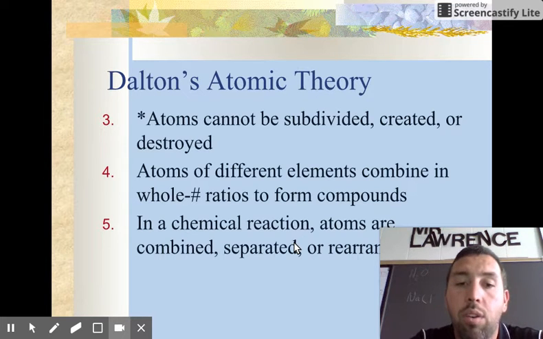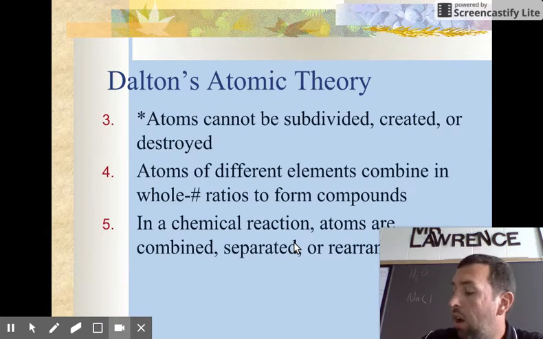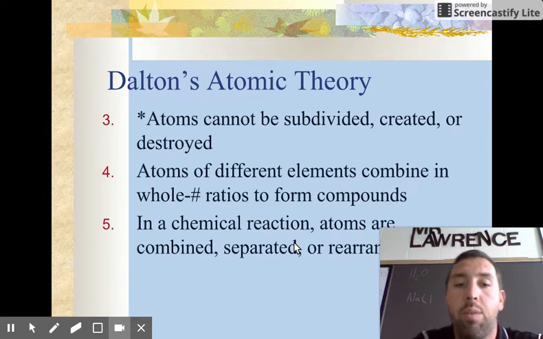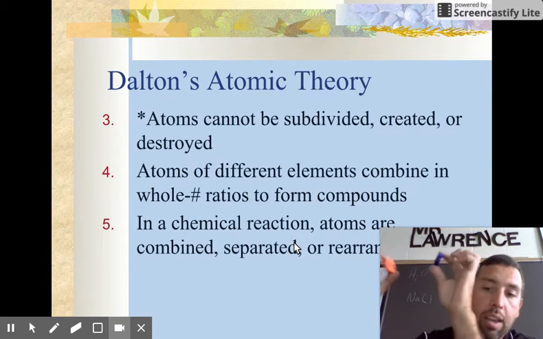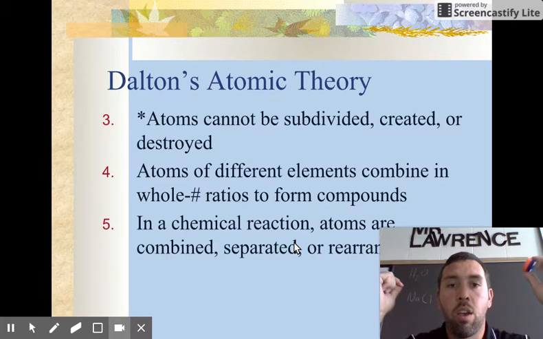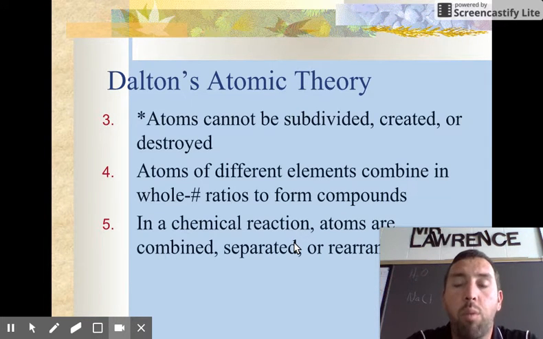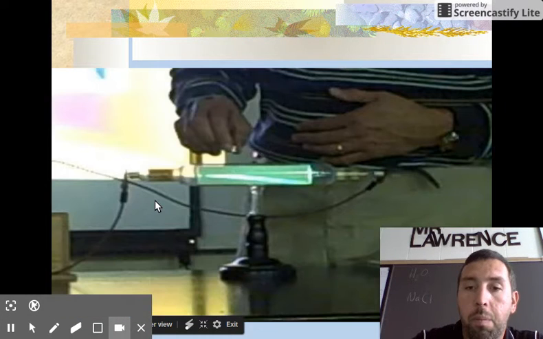And so we would say, yes, we agree that atoms from different elements can combine to form compounds in whole number ratios. And the last one: in a chemical reaction, atoms can be combined, separated, or rearranged. Is that true? Well, yes, I can take a sodium, I can take a chlorine, and I can put them together and form salt. I can take some hydrogen, I can take some oxygen, and I can combine them to form water. So yes, we still agree with this theory today.